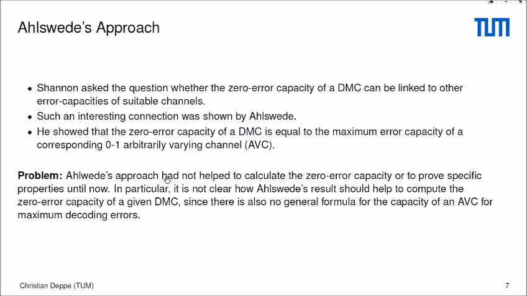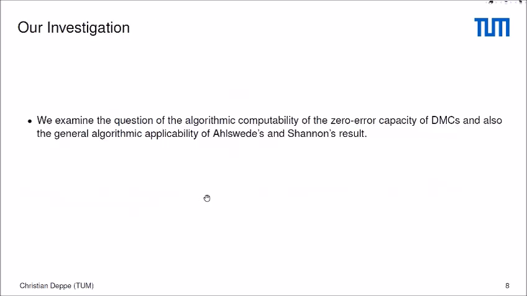The problem is that Ahlswede's approach has not helped to calculate the zero error capacity or to provide specific properties until now. In particular, it's still not clear how Ahlswede's result should help to compute the zero error capacity of a given discrete memoryless channel, since there is no general formula for the capacity of an arbitrarily varying channel for the maximum decoding errors. Let's start with our investigation.